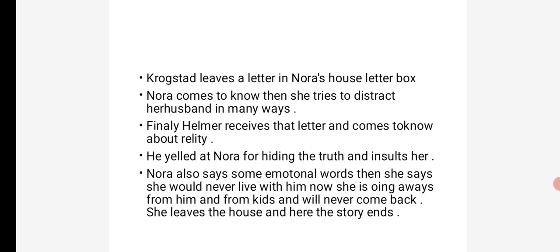He yelled at her, and Nora says emotional words in front of her husband. She says that she would never live with him anymore and she is going away from there, and now she would find a name for herself and find recognition. Then here the story ends and Nora leaves her house. So that's all.